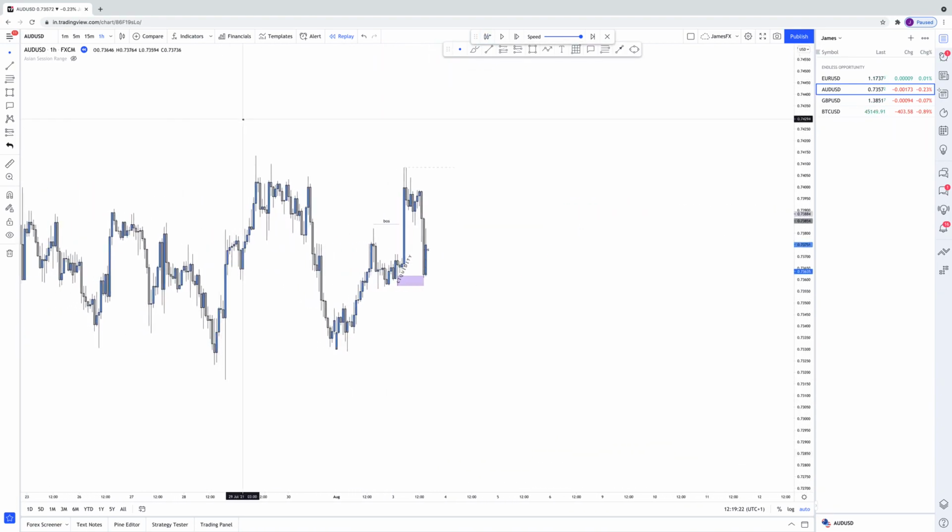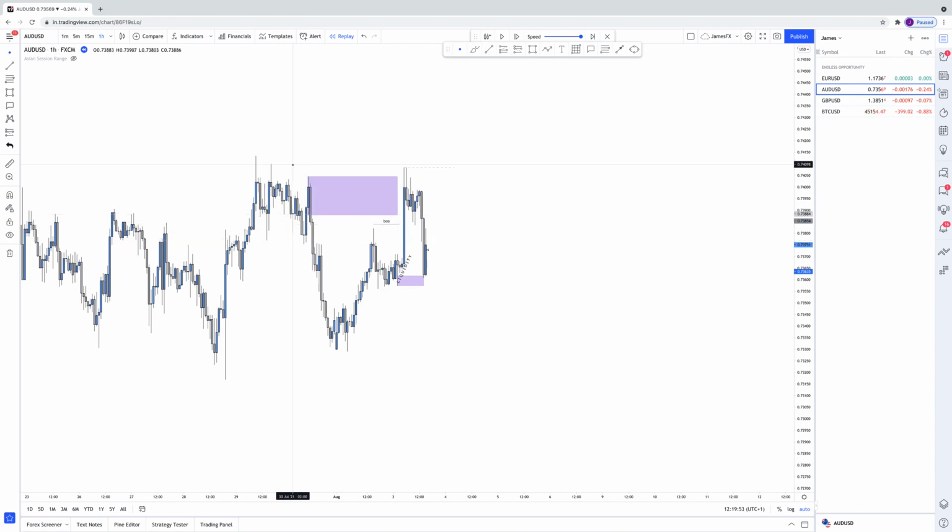And what I'm also looking for is, once demand forms, has it tapped into supply, or has it mitigated or failed supply? So what we can see here is we have the last up close candle, because price pushed down, we put in a new lower low, so we've broken structure, and we've done so leaving imbalance, and we broke with momentum.